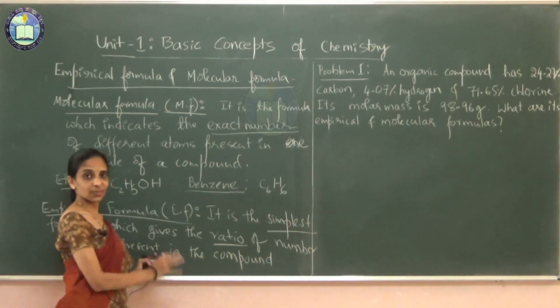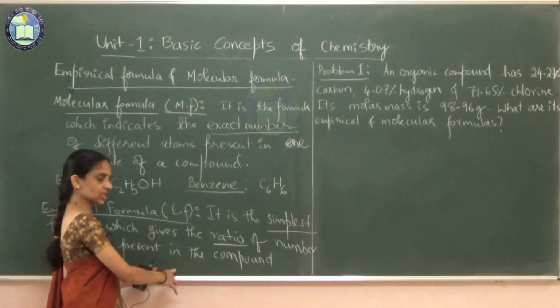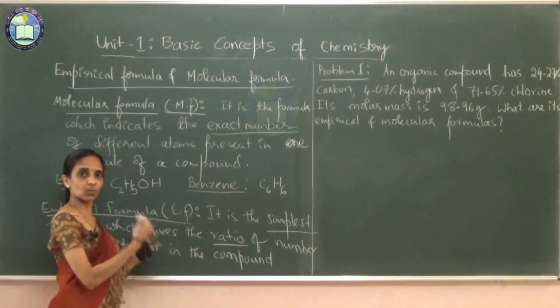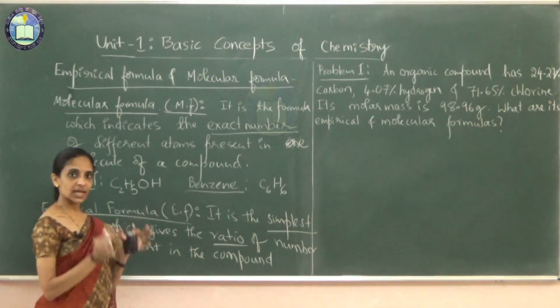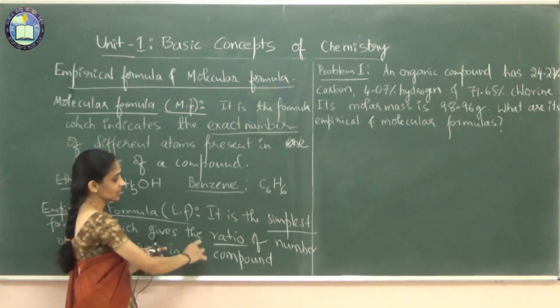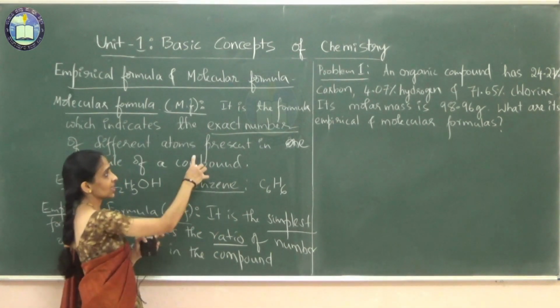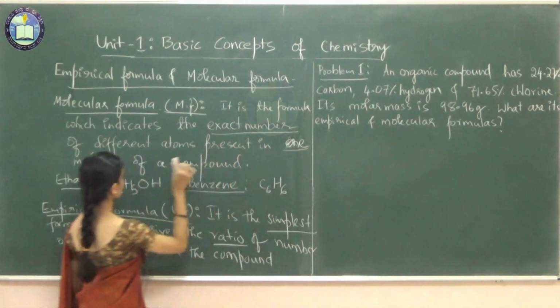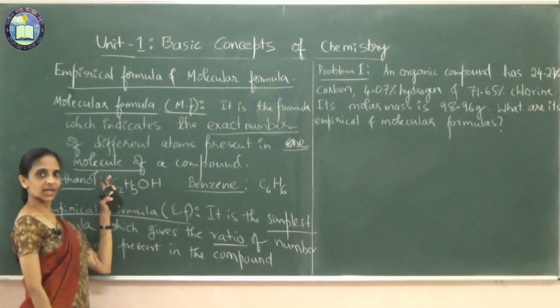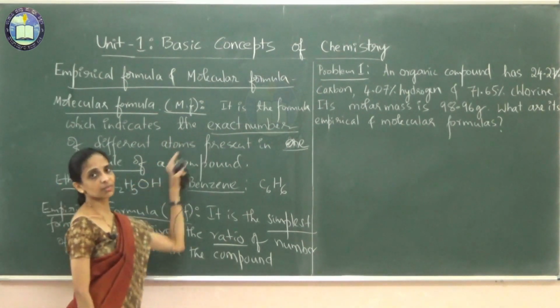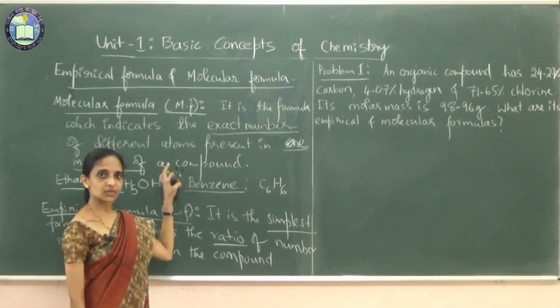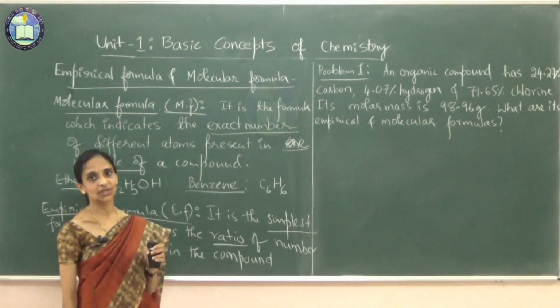So now it doesn't matter whether you take one molecule of the compound or more molecules, because anyhow you are taking the ratio. But for the molecular formula, one molecule of the compound is a must. When stating the exact number, you have to specify it is one molecule of the compound.